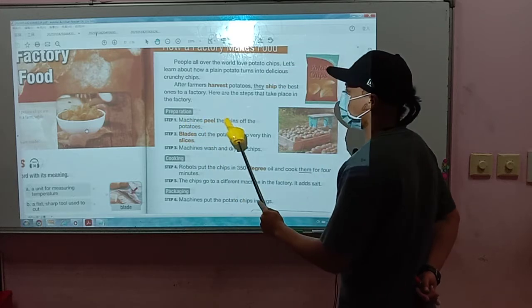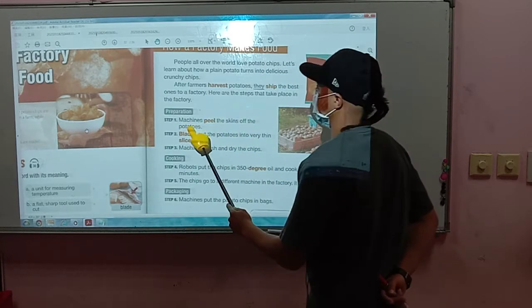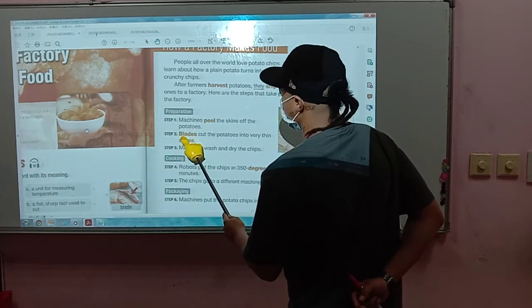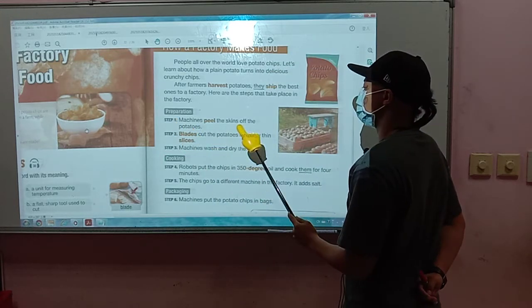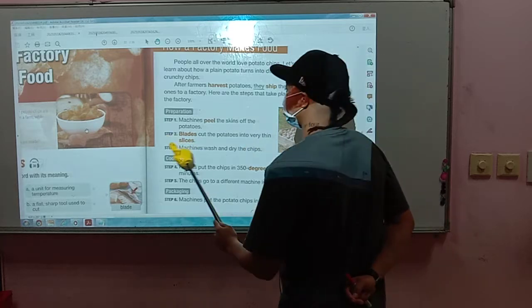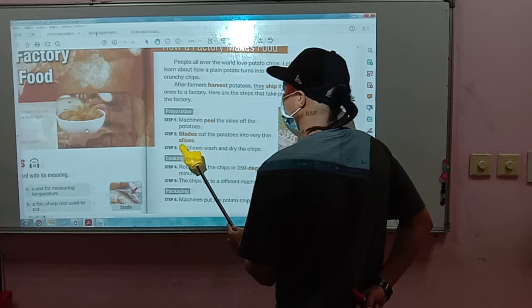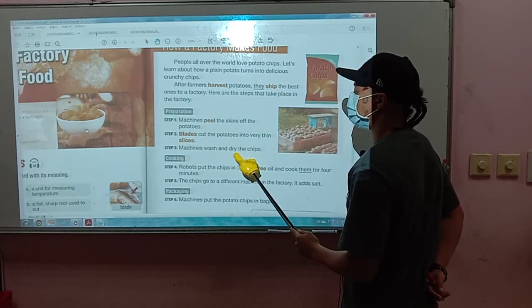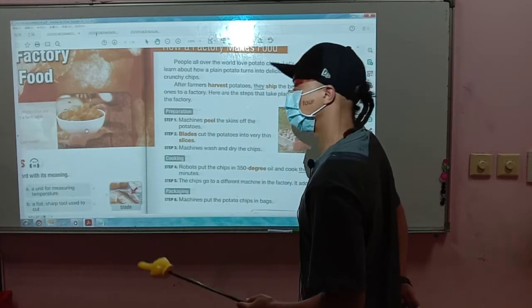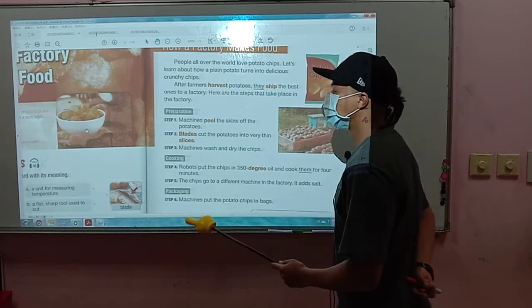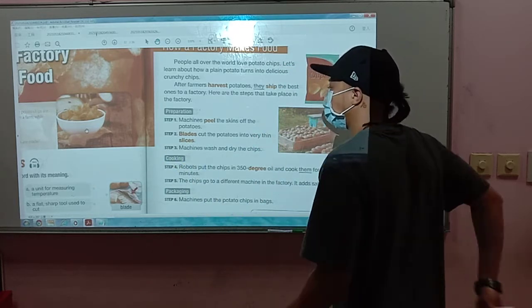Machines peel the skins off the potatoes. Step 2. Blades cut the potatoes into very thin slices. Step 3. Machines wash and dry the chips. Now it's the cooking part, okay? Step 4.